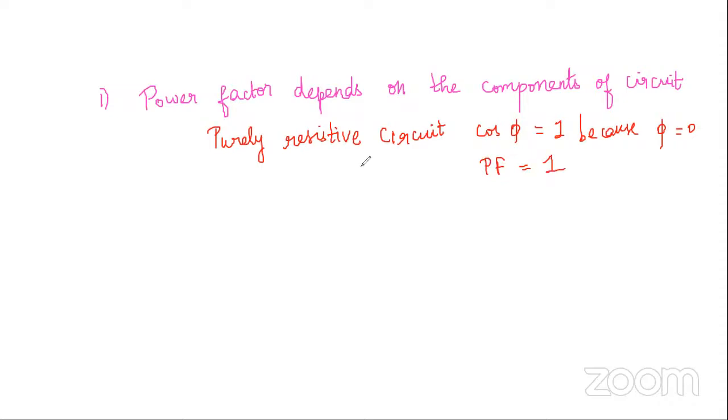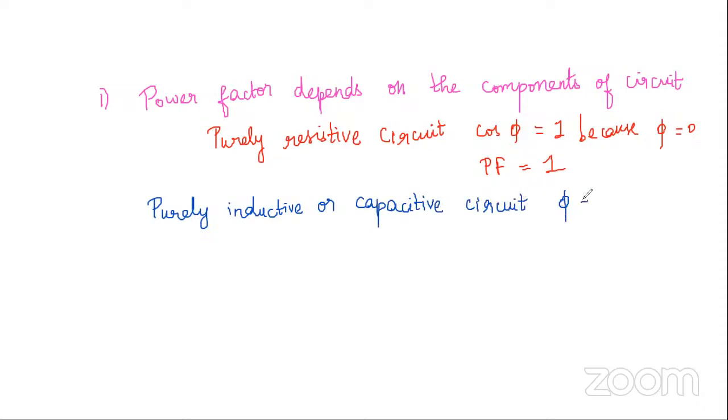Okay. So when it is a purely inductive or capacitive circuit, in that case your phi will be plus or minus pi by 2.